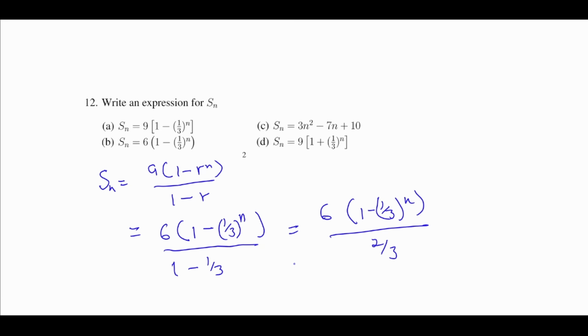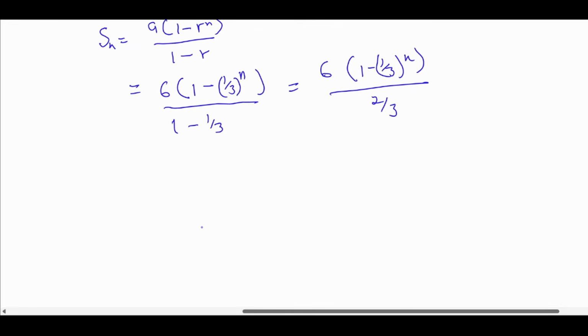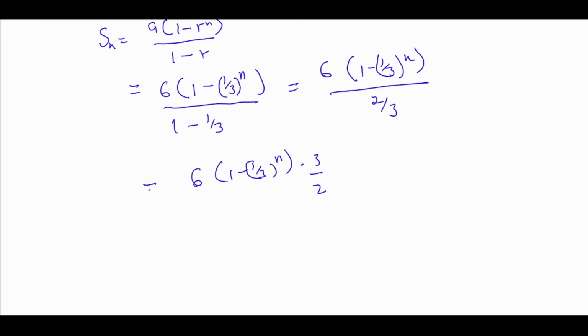Now we take the reciprocal, we're going to have 6 times 1 minus 1 over 3 raised to the power n times 3 over 2, and that will give us 18 over 2 times 1 minus 1 over 3 to the power n, and then that will be equal to 9 times 1 minus 1 over 3 all to the power n.